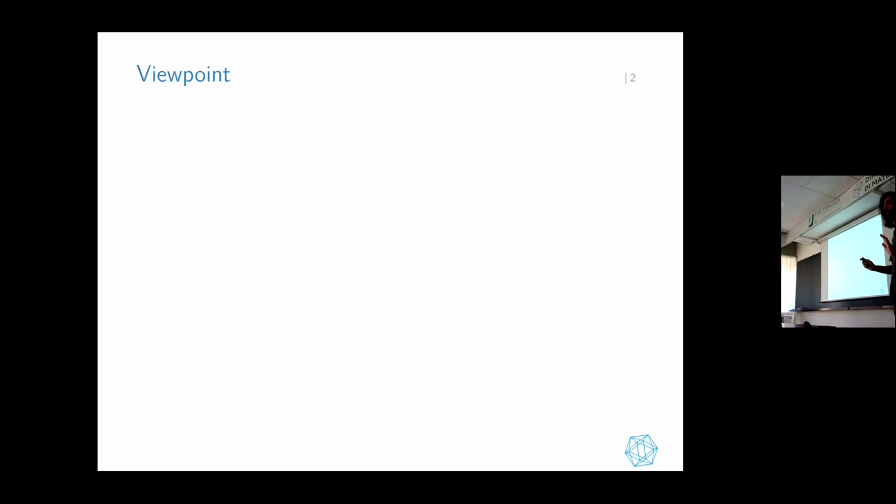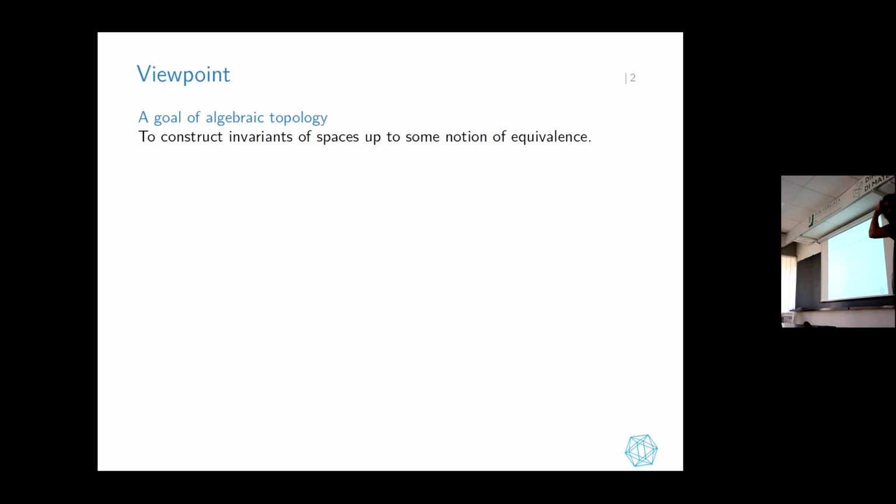First, philosophy. Let me state the viewpoint that I'm going to be taking, and some of the motivations that I have. One of my goals, which I think is shared by many people in algebraic topology, since it's so broad, is to construct invariants of spaces up to some notion of equivalence.